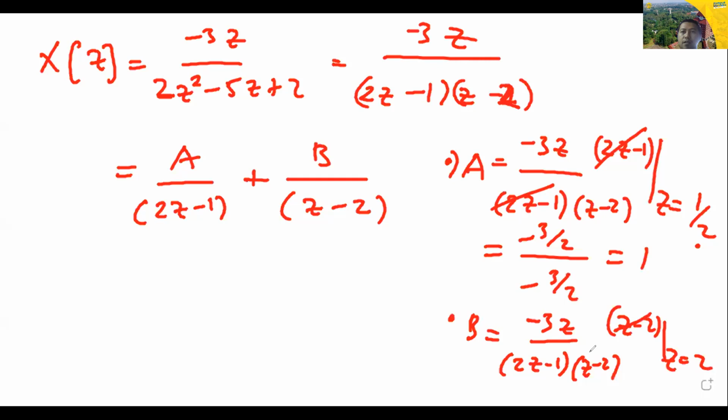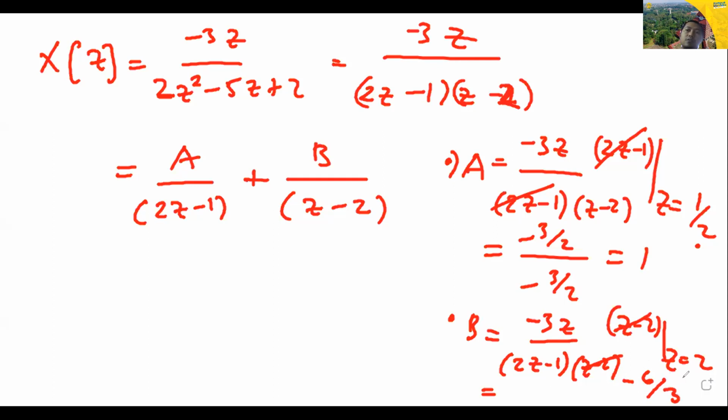This one and this one we simplify and then substitute, to become minus 6 over 2 times 2 is 4, minus 1 is 3.